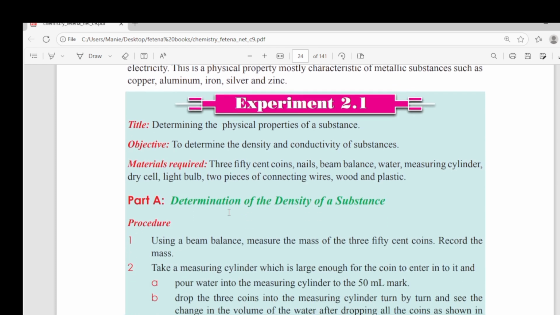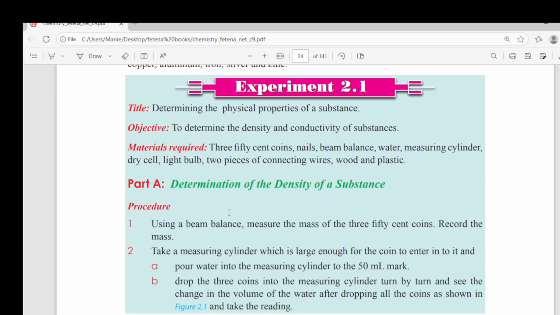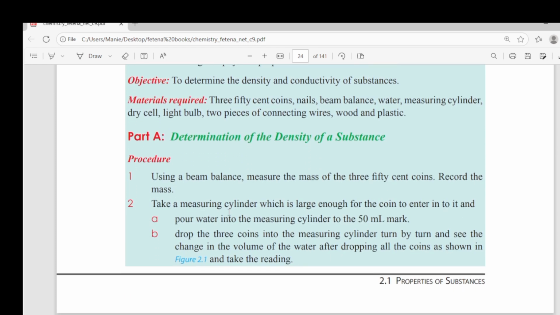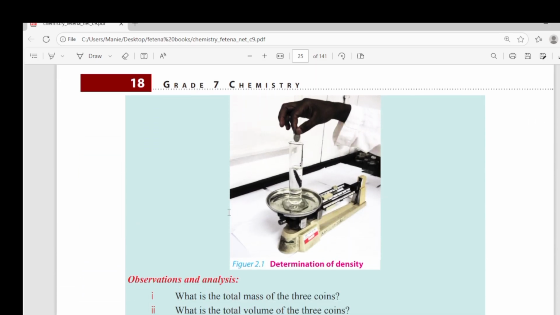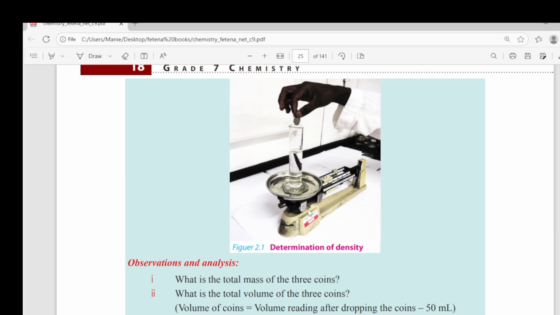This is determination of density. How density is measured here. We have said density is equal to mass over volume.